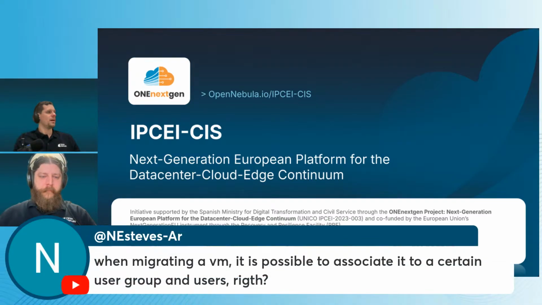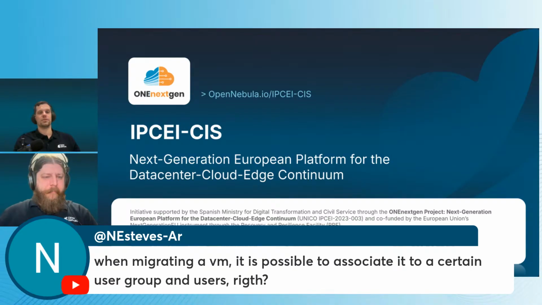Good. When migrating a virtual machine, is it possible to associate it with a certain user group and users? You'd probably have to end up doing that after the items have been created in OpenNebula. I'll double check and see if we put that behavior in, and if not, I'll put it in as a feature request, because that's a useful feature. Yeah, that's definitely something useful.